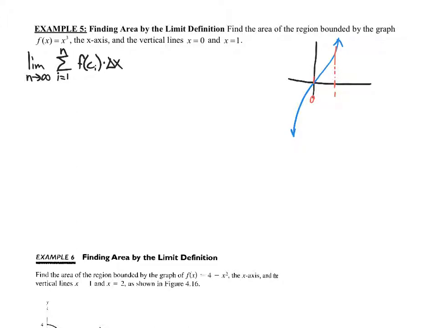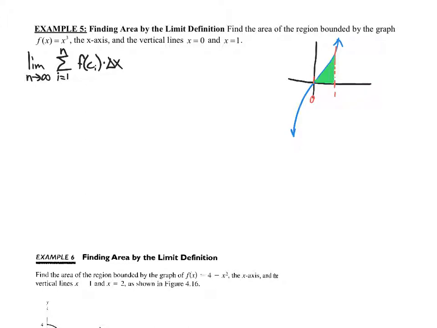So the area that we are looking for is the area in this part right here. Now it kind of looks like a triangle, but we know that x cubed is curved. So we're going to need to use this definition.